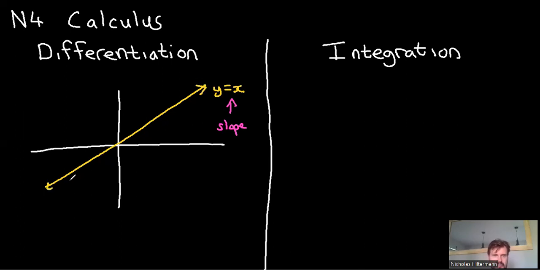Now, we notice that this slope is the same no matter where I am on the line. Okay, and it just so happens that if you find the derivative, differentiation is finding, we would just so happen to get 1.